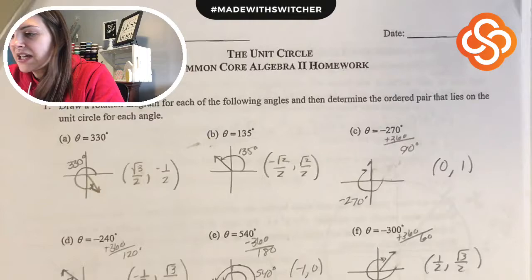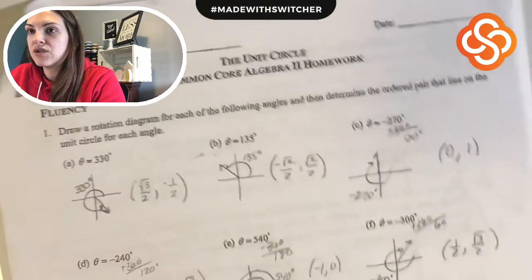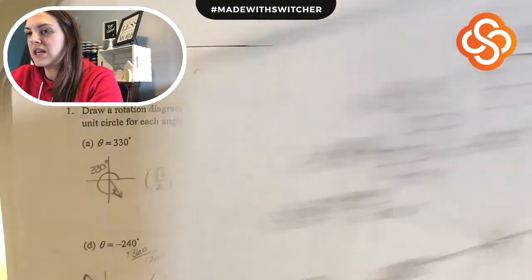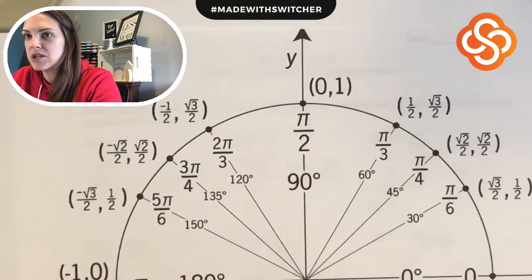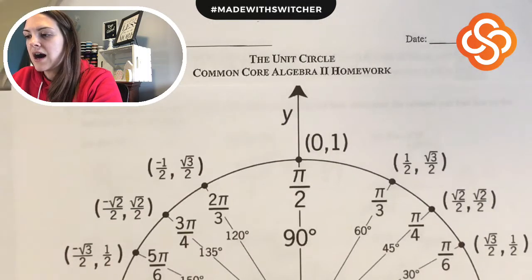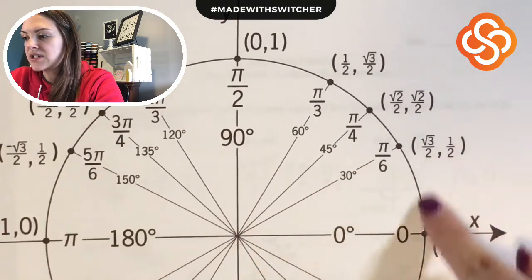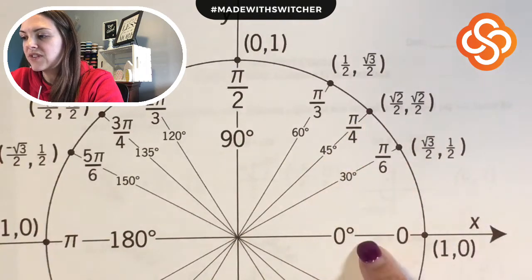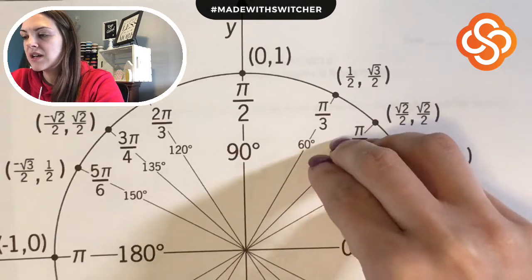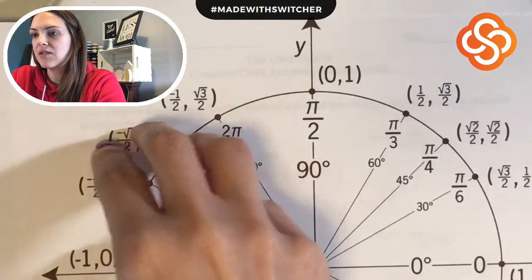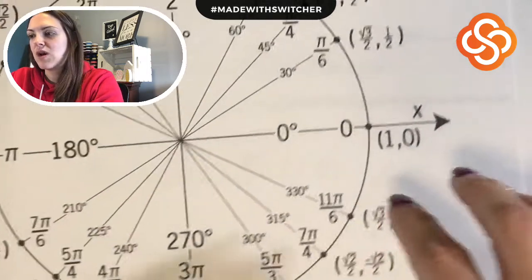Basically in the first notes, we did this unit circle. If you have access to a printer, it might be nice to print this out and take a look at it. I just went on Google and typed in unit circle. In class we filled in our 30, 60, 90 and our 45, 45, 90, and then we filled in the unit circle for quadrant 1, and talked about how it carries over to quadrant 2, quadrant 3, and quadrant 4.